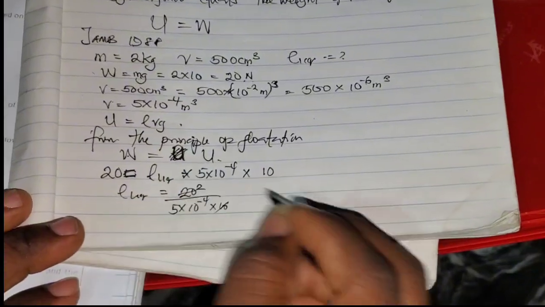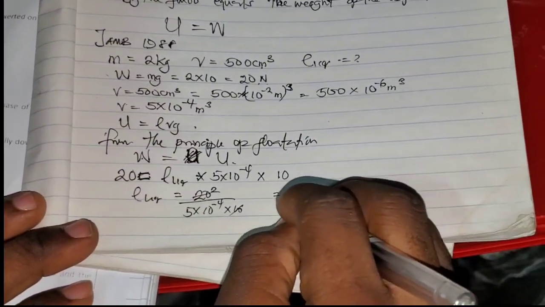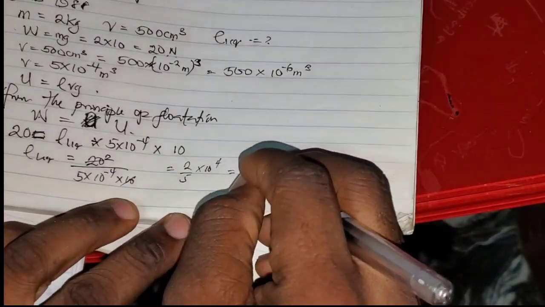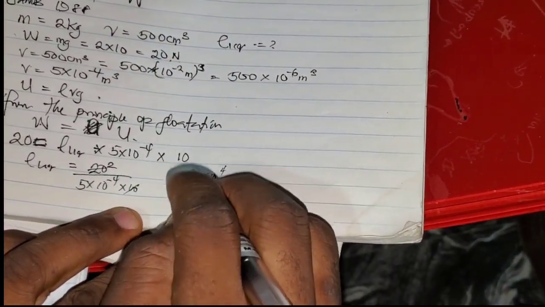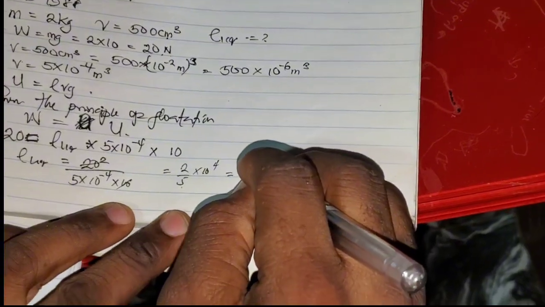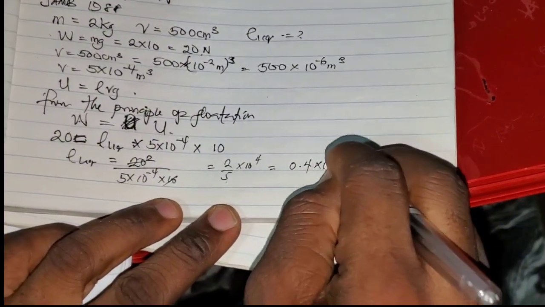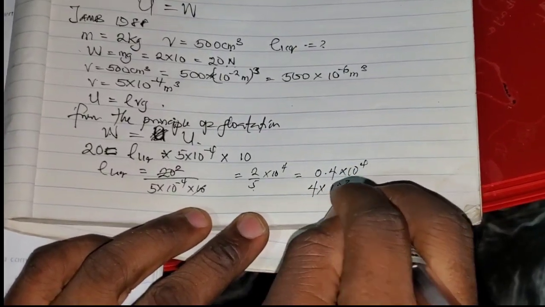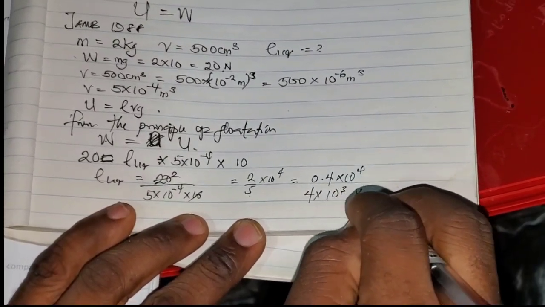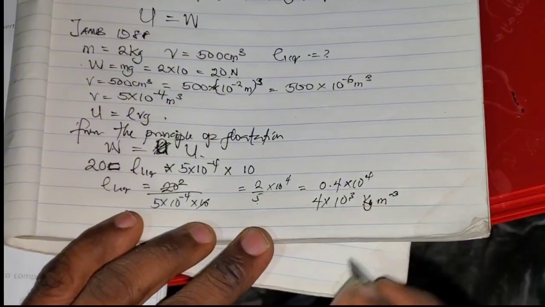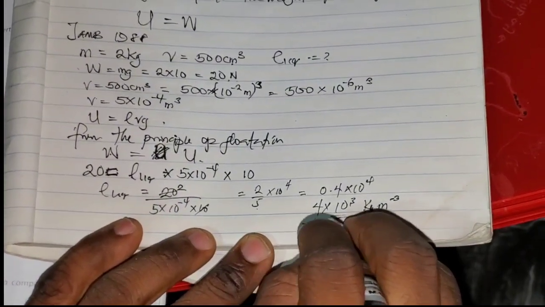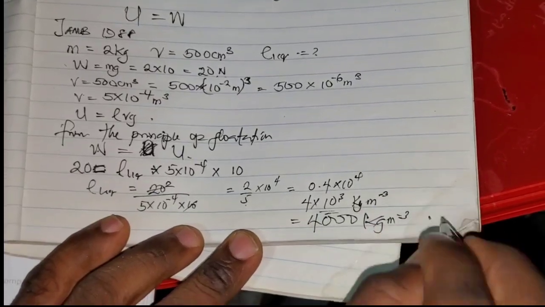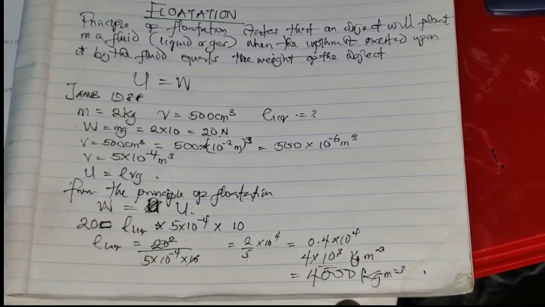This gives 2 over 5 times 10 to the minus 4, which is 0.4 times 10 to the 4, and we can write it as 4 times 10 to the 3 kilogram per meter cube, or 4,000 kilogram per meter cube. So this is just the concept of flotation.